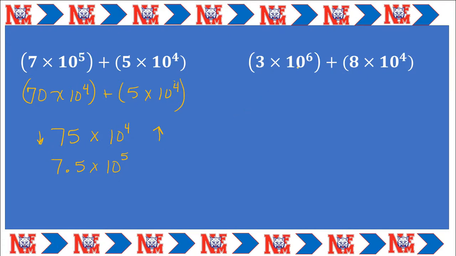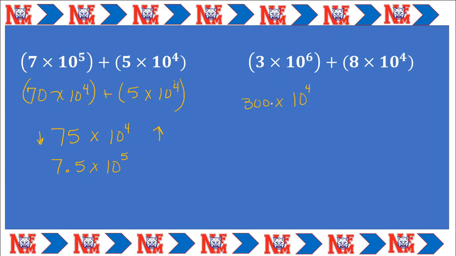Okay, this time I'm going to adjust this power to a power of 4. So I went down 2 exponents, 2 powers of 10. I'm going to move my decimal 2 times and increase it to 300. So 3 times 10 to the 6th and 300 times 10 to the 4th are the same thing.